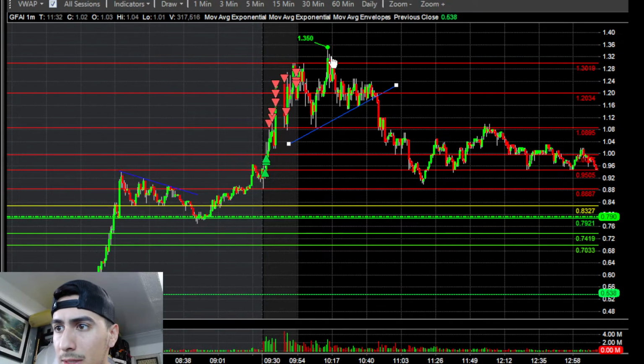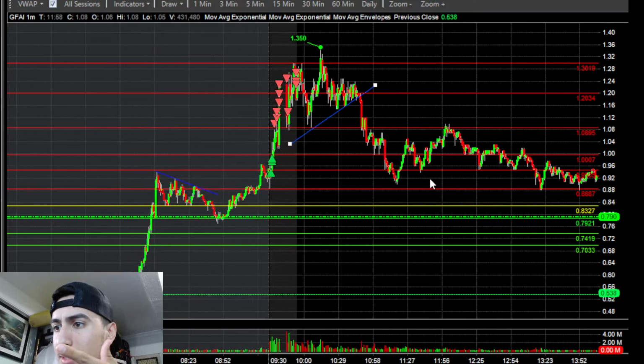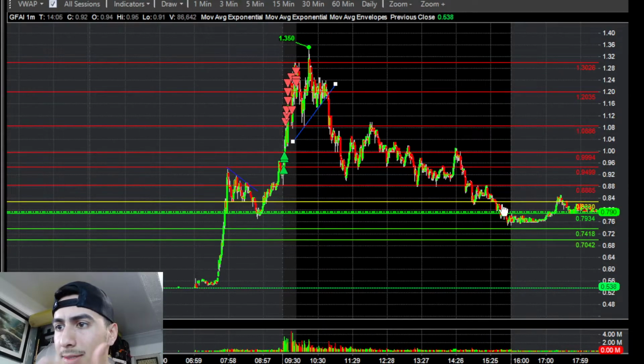So this was basically a stuff move. They exit, it breaks the trend, and then it just ends up down all day. So this would have been a good short as well.